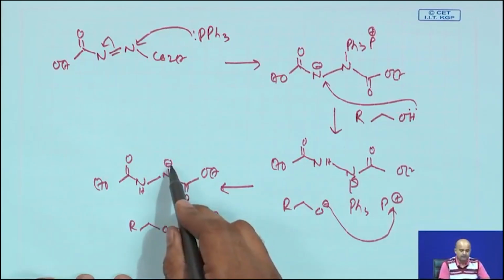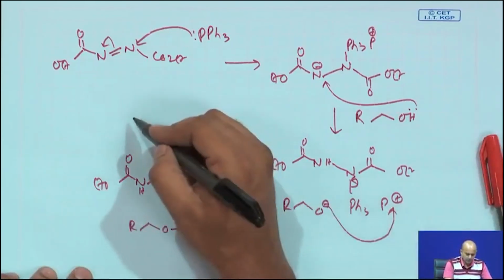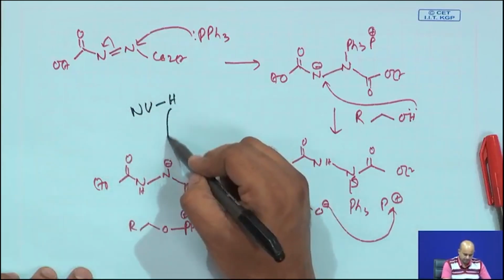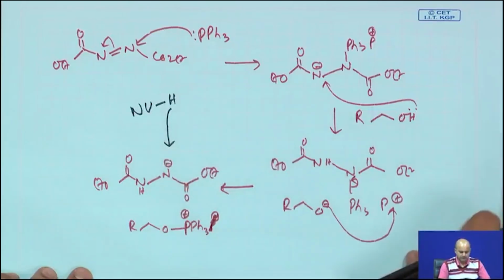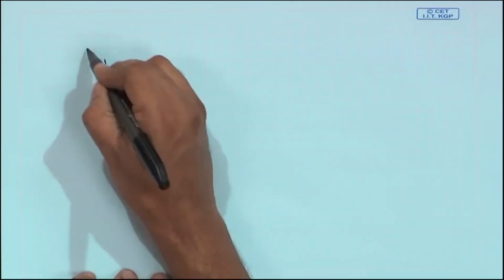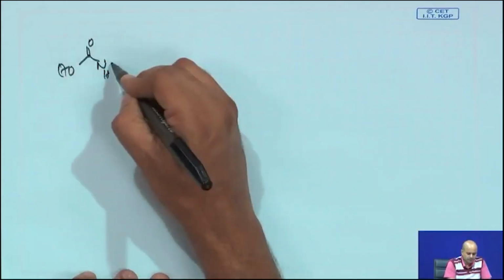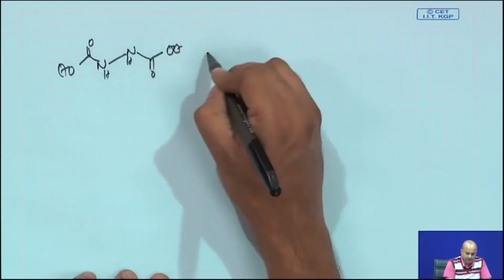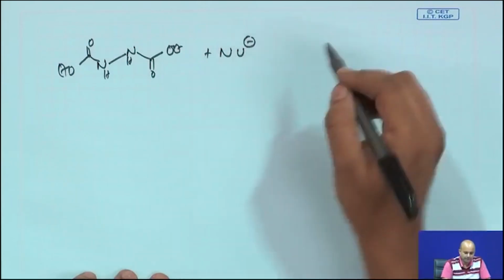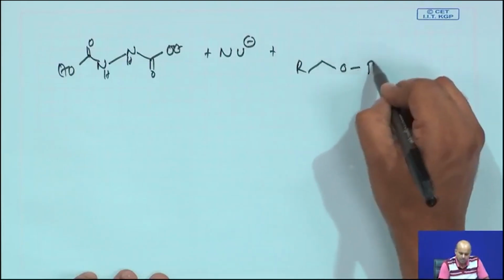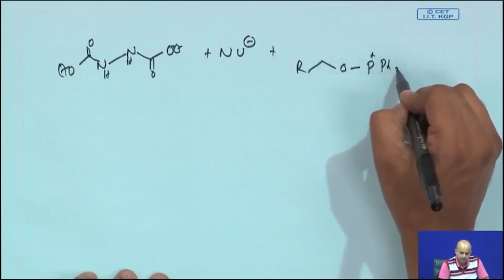Now, this N minus is there. Now, what happened? If you are having a nucleophile which donates this hydrogen to become this NH CO2, and it gives you a Nu minus. In addition, you are having RCH2O-P plus PPh3.